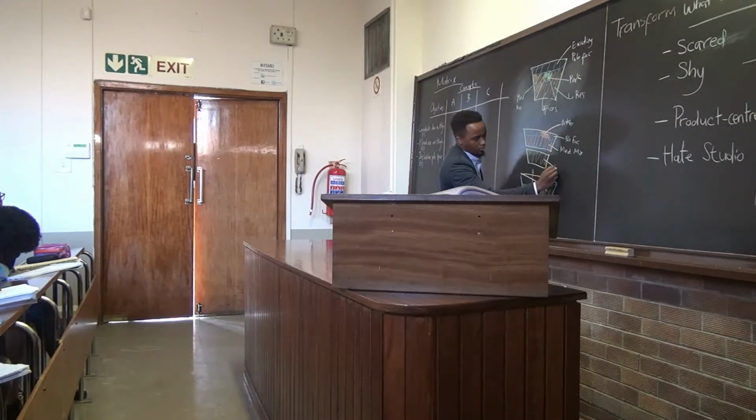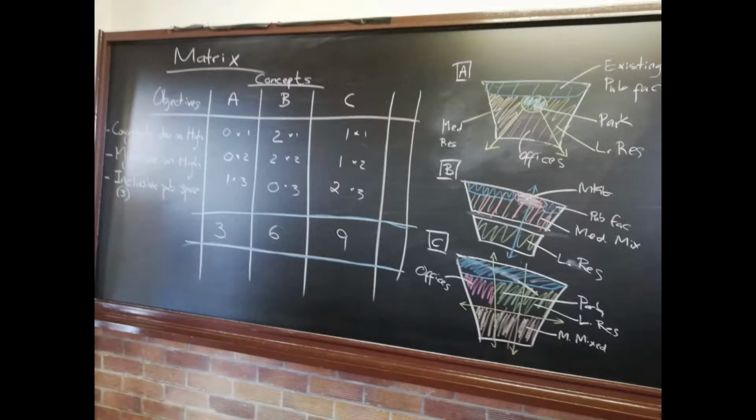And then this is low density. And this one we have a park, and then we have low density residential over here. And this is medium density mixed.